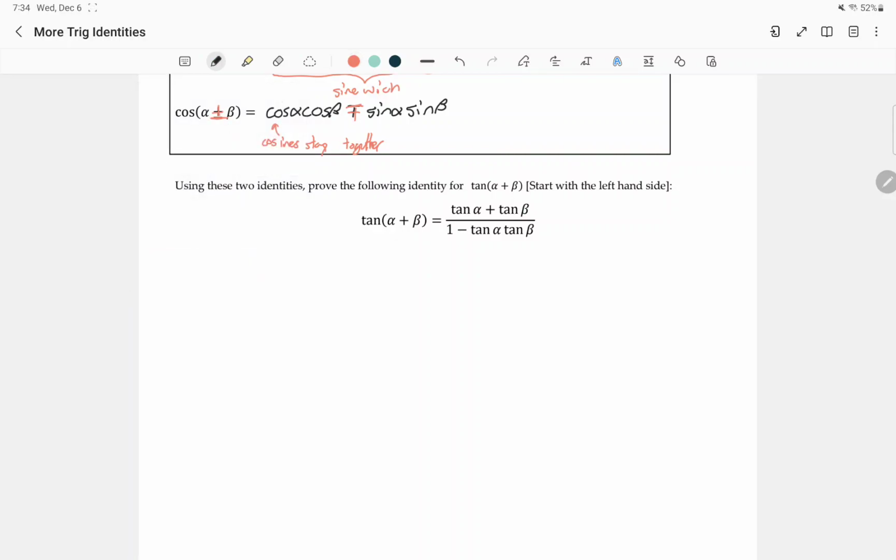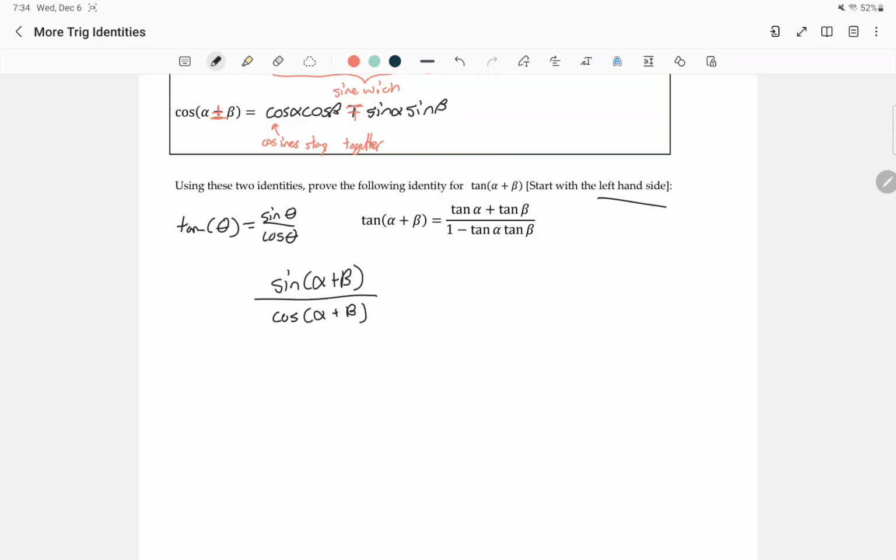Anyway, moving on, we will find it for tangent. And this one's even more straightforward. Always remember that we know what tan is. Tan of any theta is equal to sine theta over cosine theta. So that means we can apply these principles. We're going to get sine of alpha plus beta over cosine of alpha plus beta.